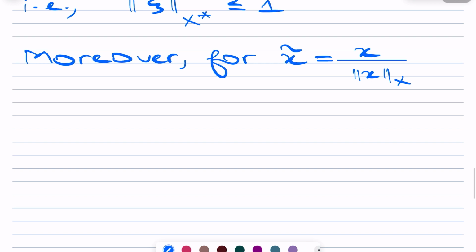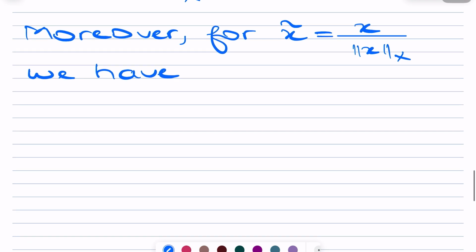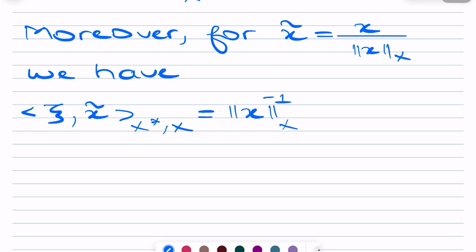So we have that the duality pairing of xi with x tilde, in x star comma x, is equal to, if you plug in x tilde, the norm of x tilde minus 1 times the duality pairing of xi with x.